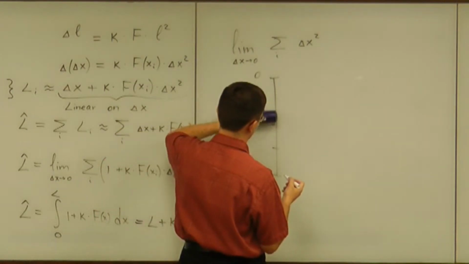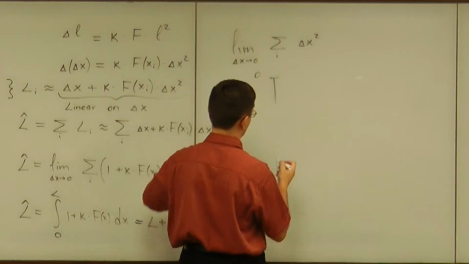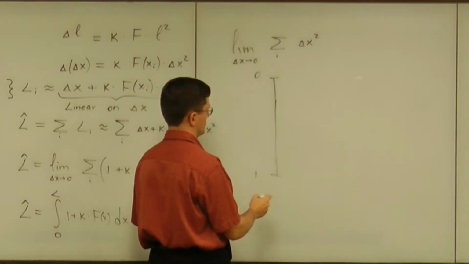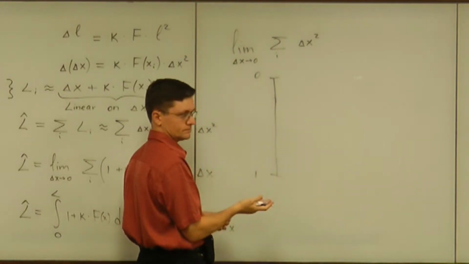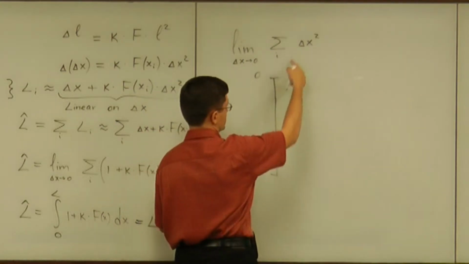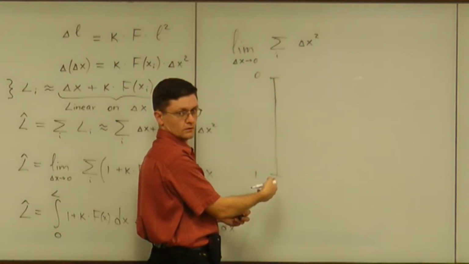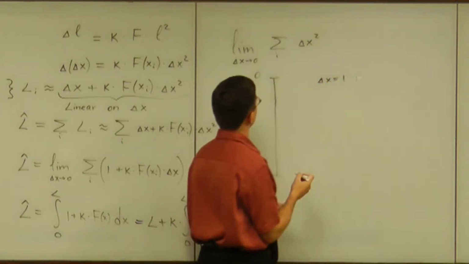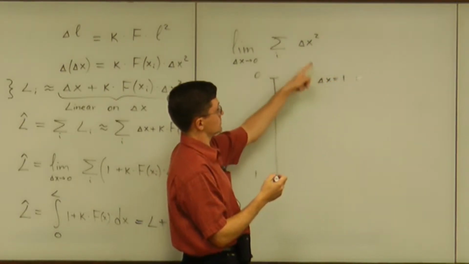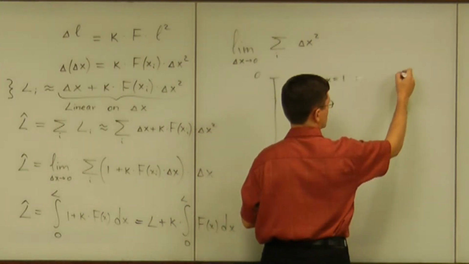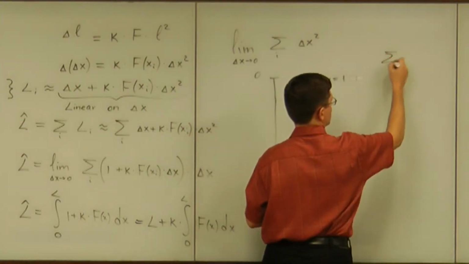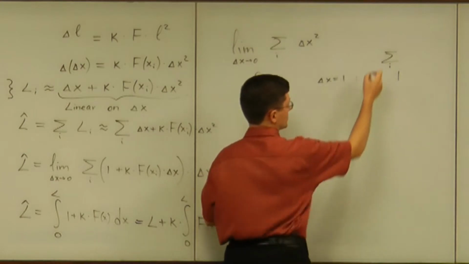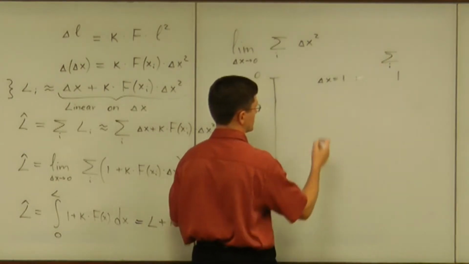And then if there is no subdivision and my delta x is equal to 1, what is the sum? The sum is 1 squared, which is 1. So put the values of sum in the column here.